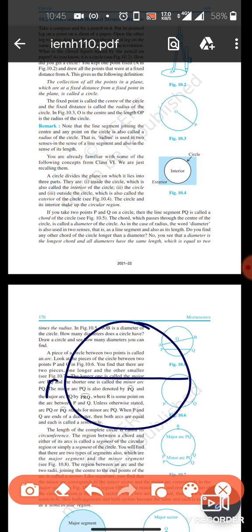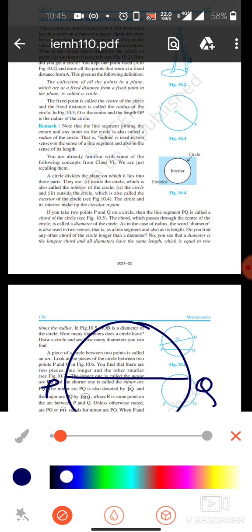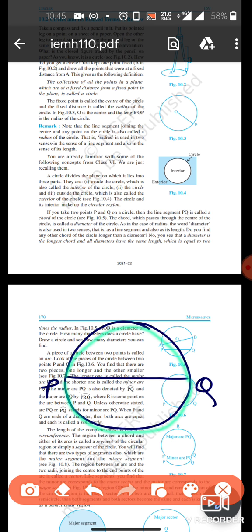Suppose here I have a diameter, that is P and Q. Now both the arcs are equal, the arc above PQ and the arc below PQ. This arc and this arc, both are equal.